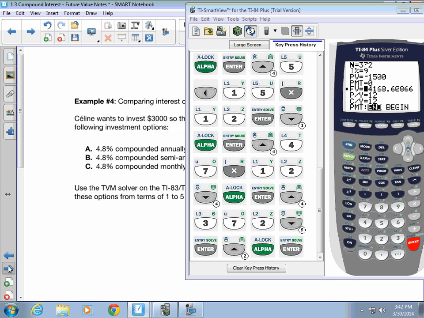Celine wants to invest $3,000 so that she can buy a new car in the next 5 years. Celine has the following investment options: 4.8% compounded annually, semi-annually, monthly, weekly, and daily. Using the TVM solver, compare the interest earned by each of these options for terms of 1 to 5 years.